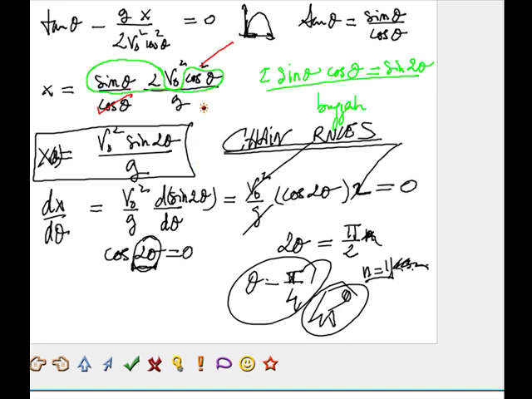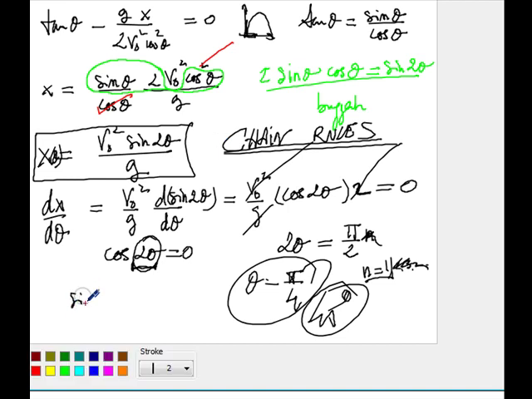Since you're looking for x max, x will be maximum when sine will be maximum. And we know that the maximum value of sine is 1. Therefore, sine of 2 theta being 1 is exactly the same as theta equal to pi over 4.